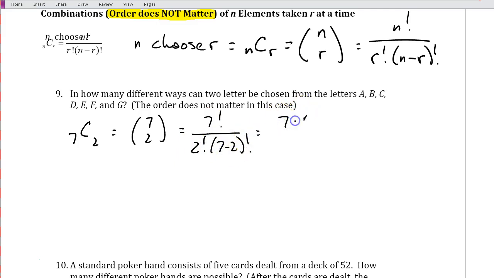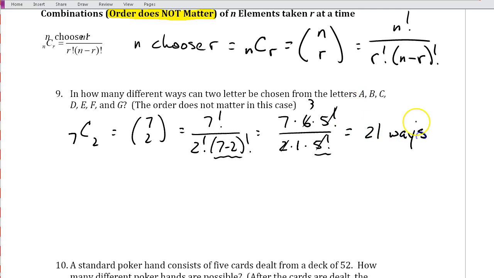So we have 7 times 6 times 5 factorial over 2 times 1 times 5 factorial. Those 5 factorials are going to cancel, the 6 over 2 becomes a 3, and we get 21 ways.